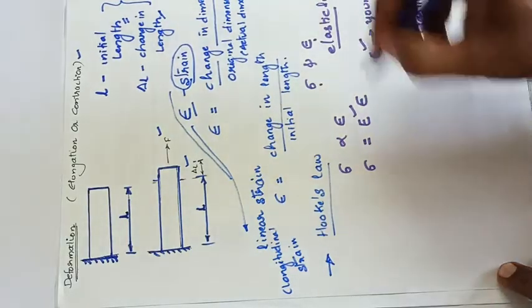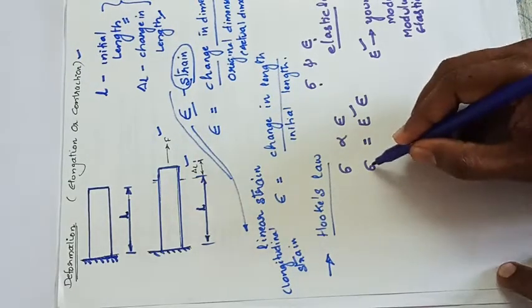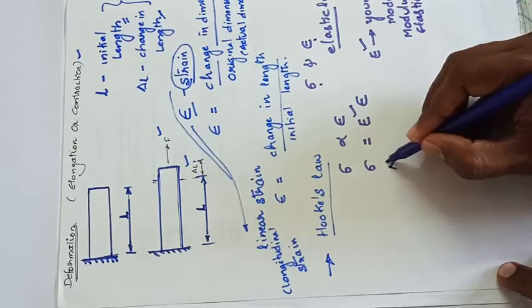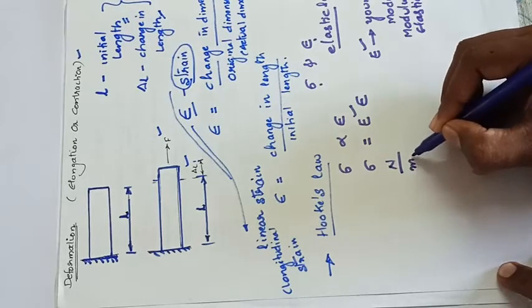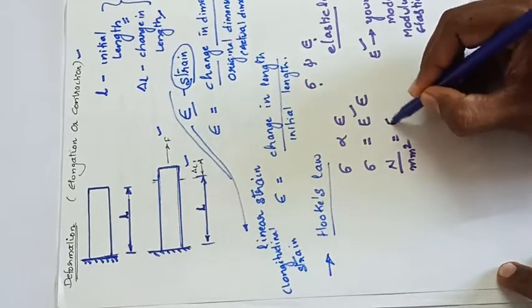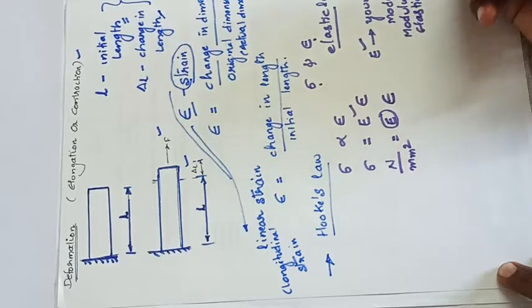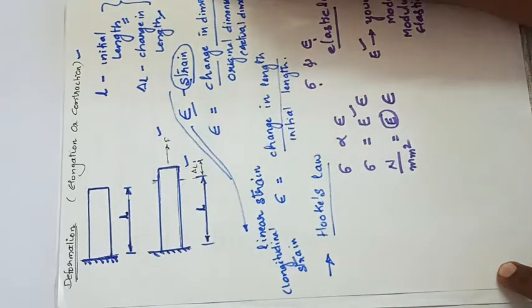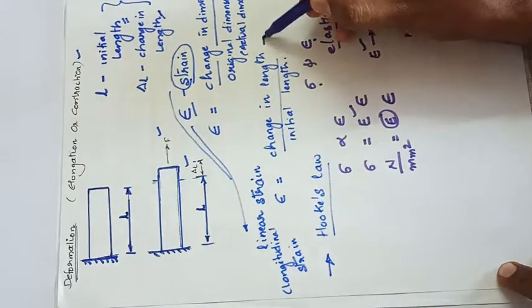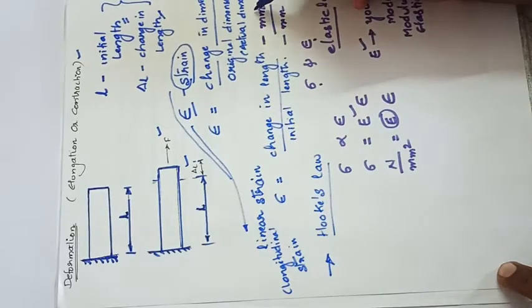Let us check what the units are, which is very important. What is the unit of sigma? It is Newton per mm square. And I want to know the unit of E. What about the epsilon? There is a change in the length, which is in terms of mm, and the initial length is also in mm, so both get cancelled.